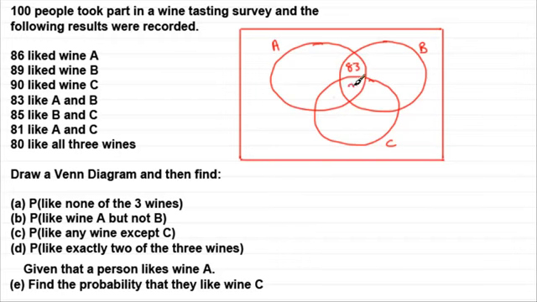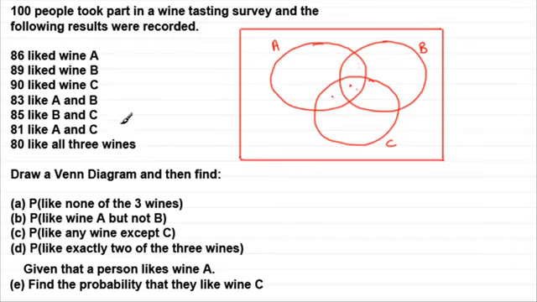If there was, say, a 2 in here, that would be 85 like A and B. So we've got a bit of a problem here. We can't fill anything in for the 83. Nor can we fill anything in for the 85, because 85 like B and C, that added to that should come to 85. And similarly, 81 like A and C. A and C would be those two regions.